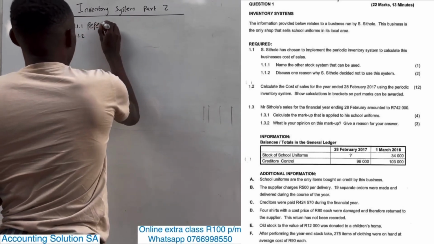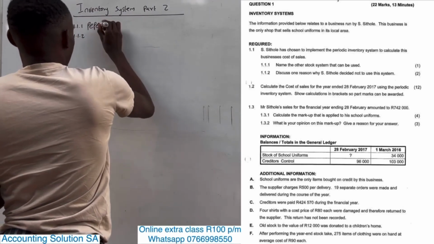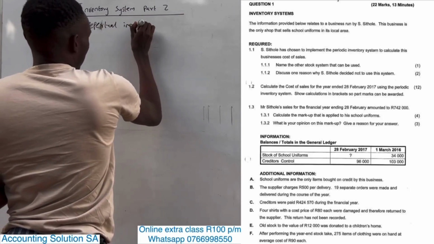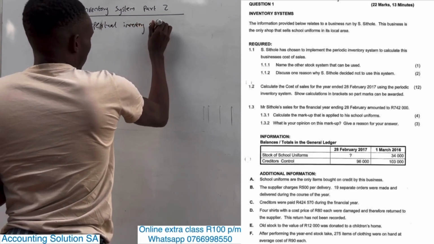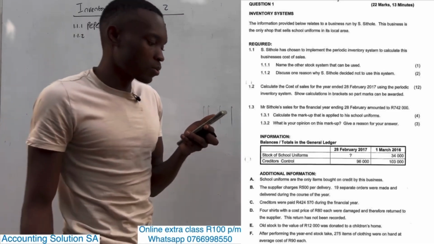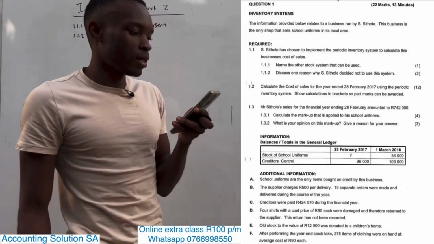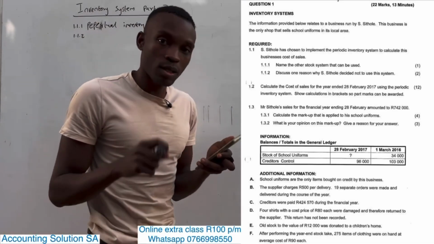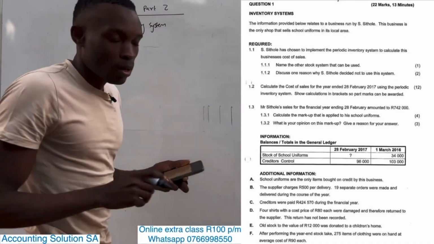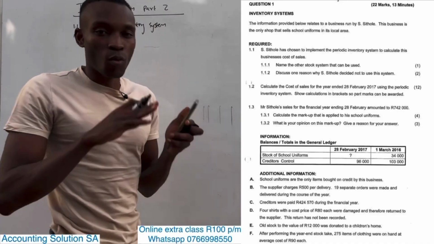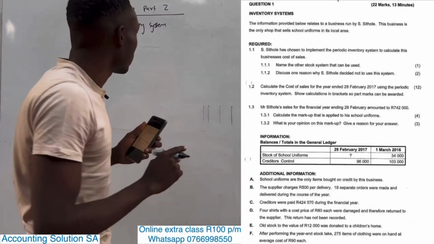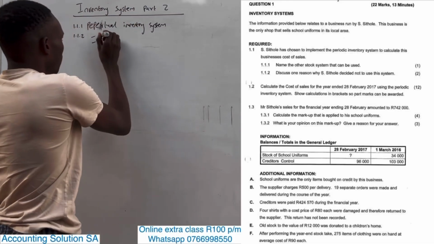It's the perpetual inventory system. Then 1.1.2, discuss one reason why Sithole decided not to use this system. Why did Sithole decide not to use perpetual? Number one, perpetual requires software and computers to record the inventory, so it's going to be expensive.